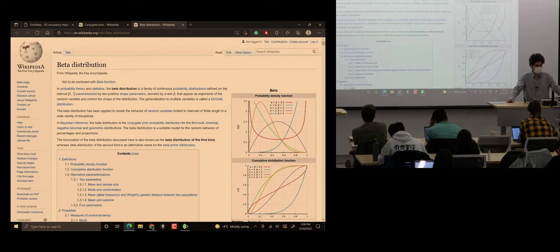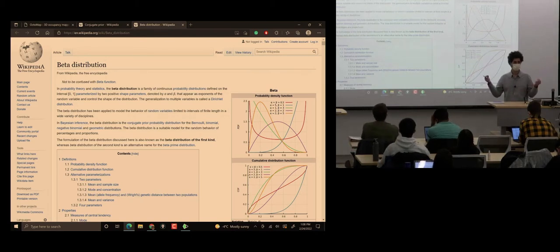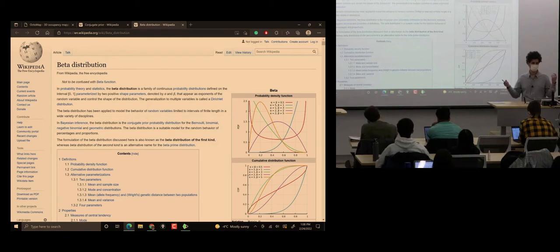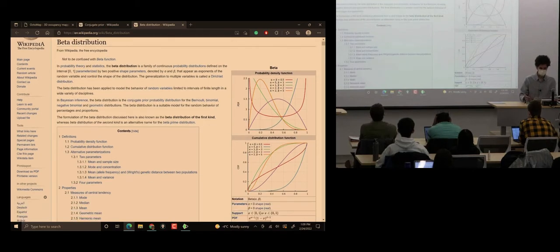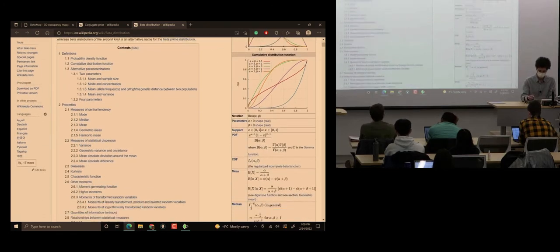Somehow we are informed that there is such a distribution in statistics. It's called the beta distribution. What it does is place a probability distribution over the probability of two events. Two events here being the probability of being occupied and the probability of being free. It has two parameters, alpha and beta, and based on different values, it can get different shapes.